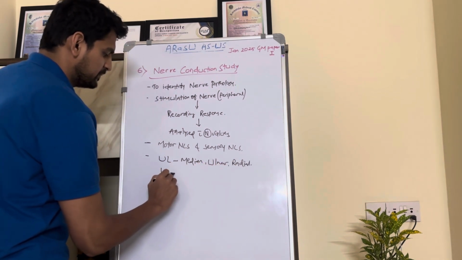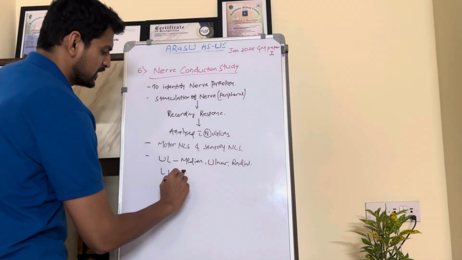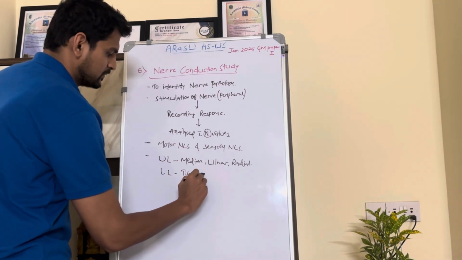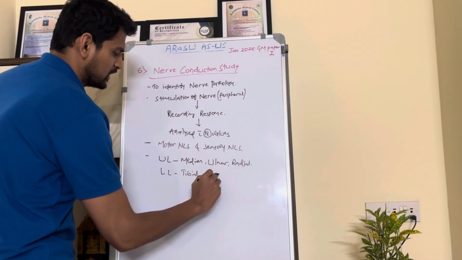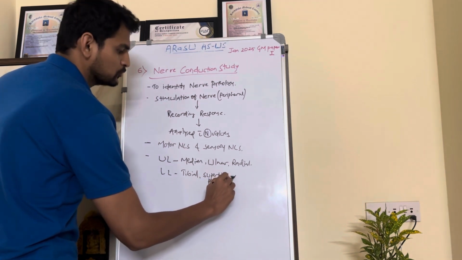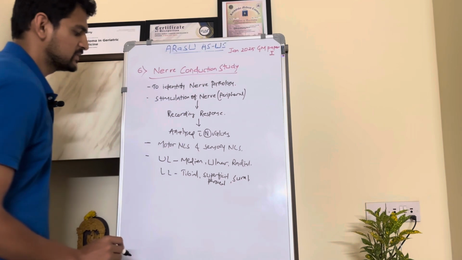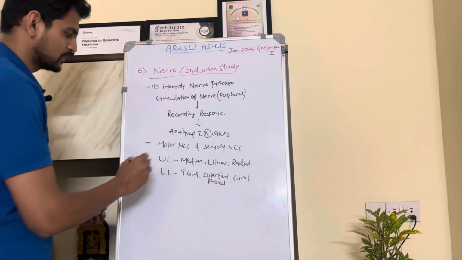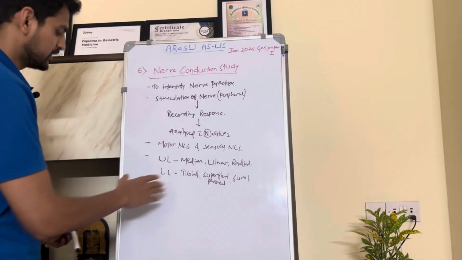Whereas in the lower limb it is usually done on the tibial nerve, superficial peroneal nerve and sural nerve. These are some preferred peripheral nerves for the study. So this is the introduction.